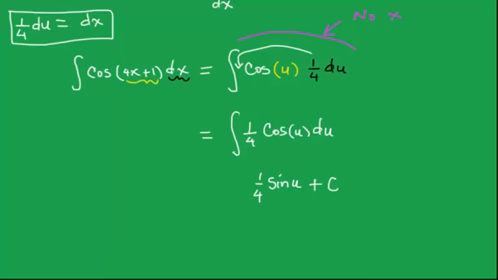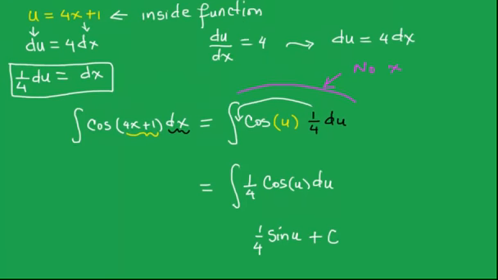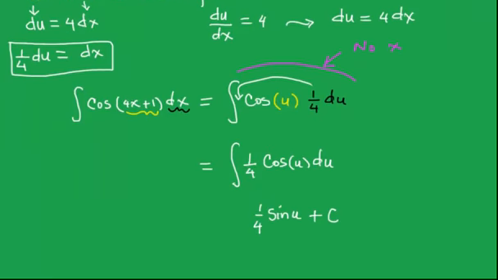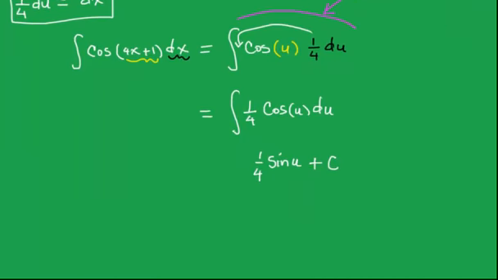But the very last step is to replace, because the original integral was in terms of x, not u. Once we are done finding the antiderivative in terms of u, we have to replace u by 4x plus 1.